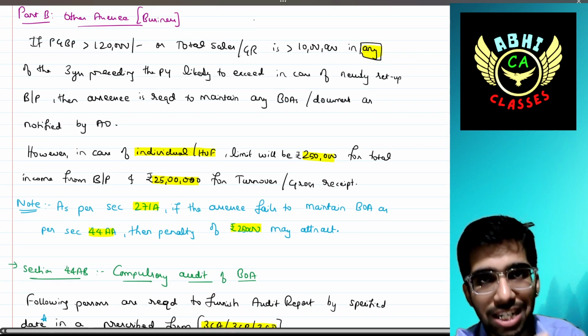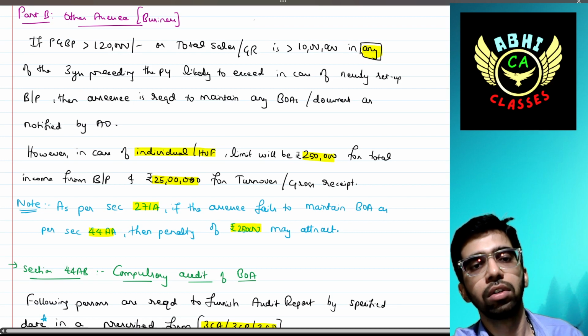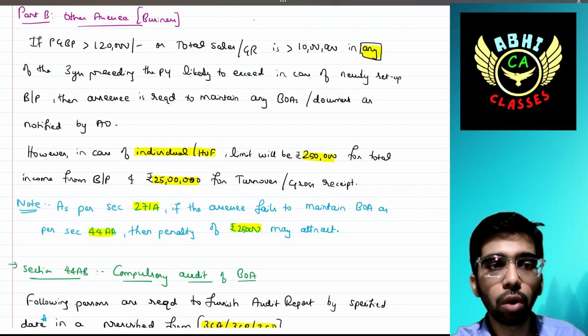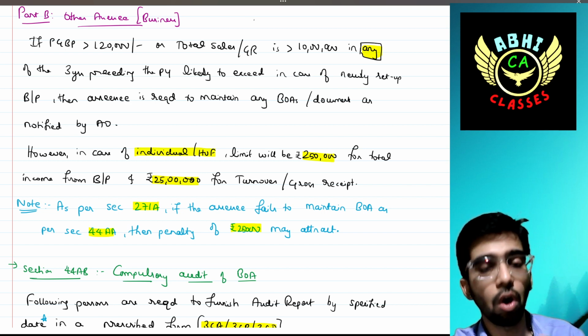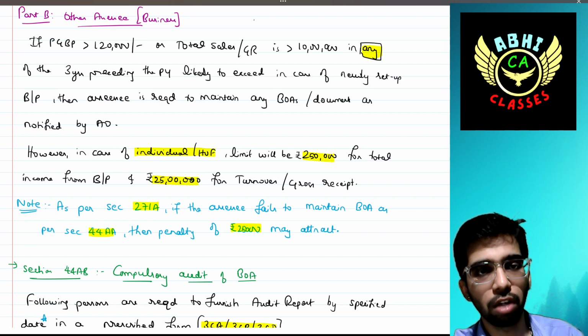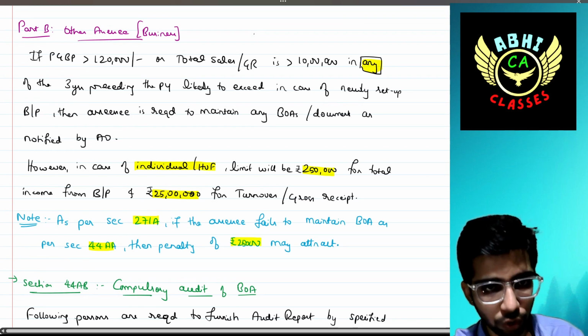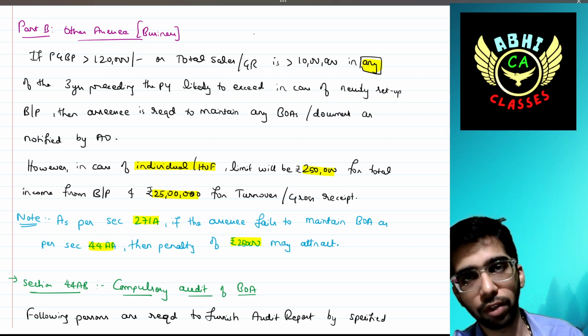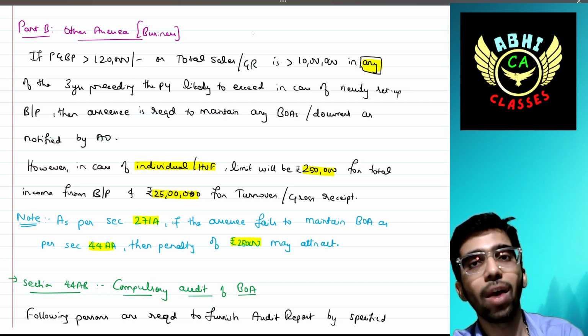However, in case of an individual or HUF, the limit will be 2,50,000 for total income from business or profession, or 25 lakh for turnover or gross receipts. Instead of 1,20,000, I have to say 2,50,000. Instead of 10 lakh, I have to say 25 lakh.